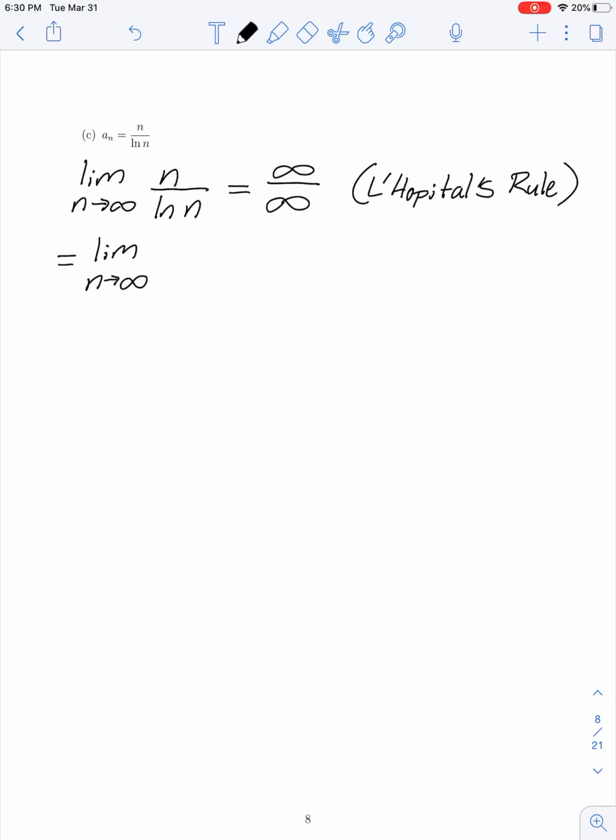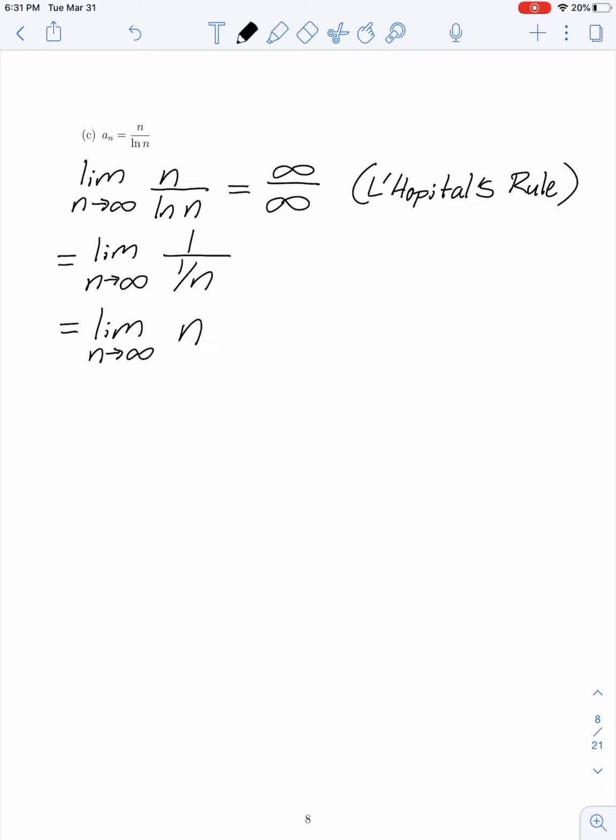Now, to use L'Hopital's rule, we take the same limit, as n approaches infinity, of the derivative of our numerator divided by the derivative of our denominator. Here the derivative of the numerator is 1, and we're dividing by the derivative of natural log of n, which is 1/n.